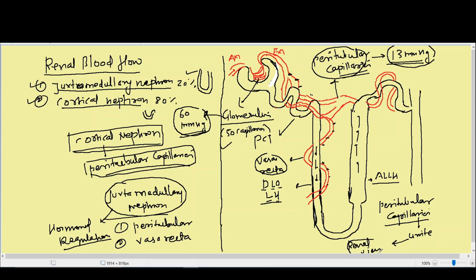Why? Because we have the capillaries of many nephrons, at least 1 million nephrons, each with their own peritubular capillaries, which unite to form the renal vein, which then moves out. We know about it.